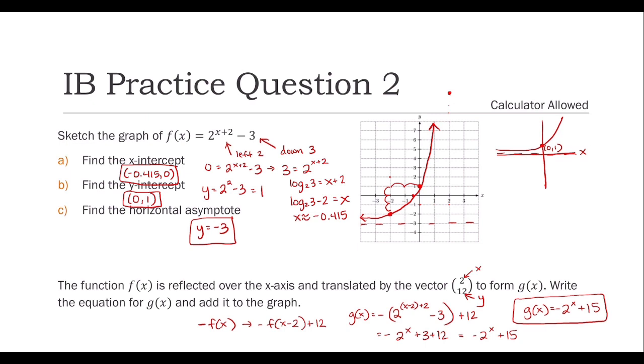And then we go right 2 and up 12. So it would be at (0, 14). So our function will look something like this. And our horizontal asymptote will be when y equals 15. So it doesn't fit on the graph super well, but that's kind of what it would look like.